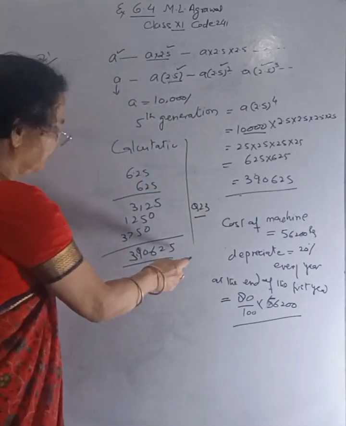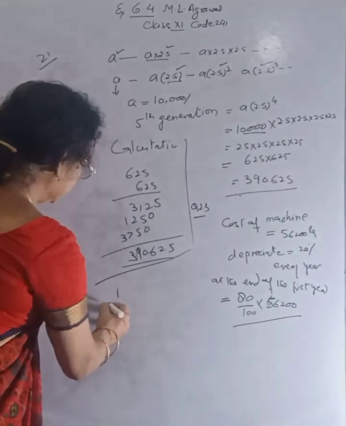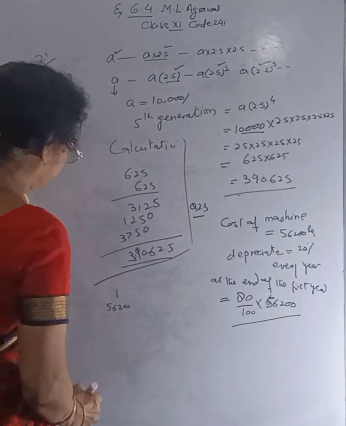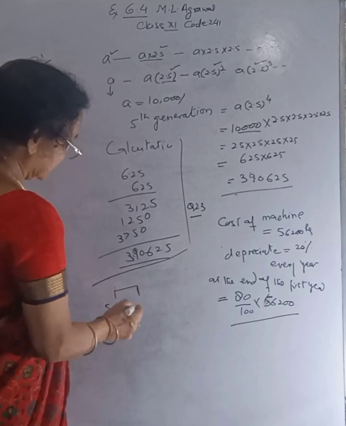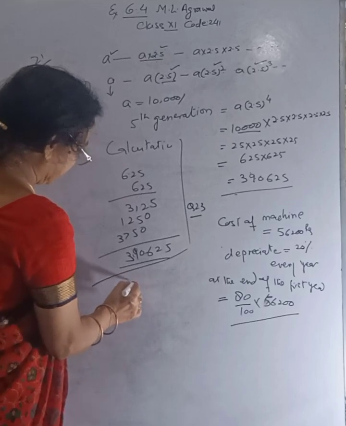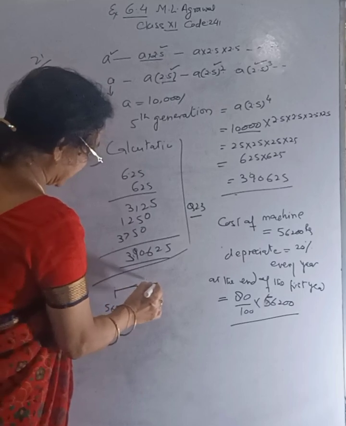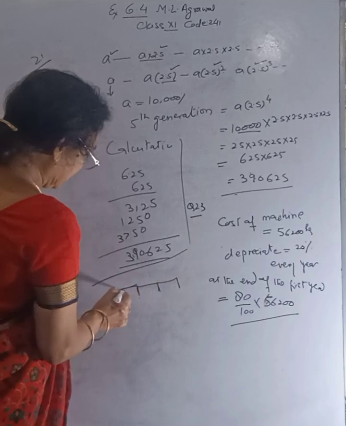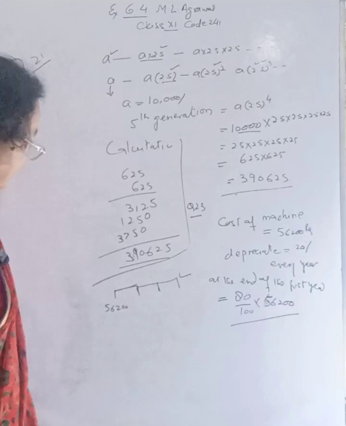Now you have to pay attention over here. This is the starting year. The cost of this is 56,200. Start of the year. This is the beginning of the second year, end of the first. This is end of the second. This is end of the third. It means first, second, third, fourth term is to be obtained.